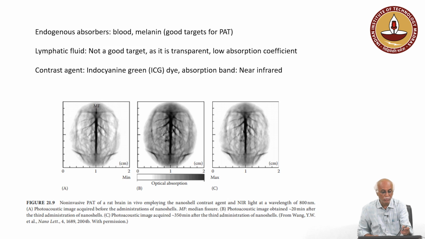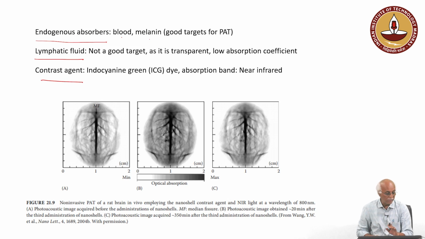In fact, as I told you, blood, melanin, endogenous absorbers are used, or lymphatic fluid or contrast agents are also used to allow more absorption of the light and then capture the various light characteristics related to tissue structures, etc. Okay.